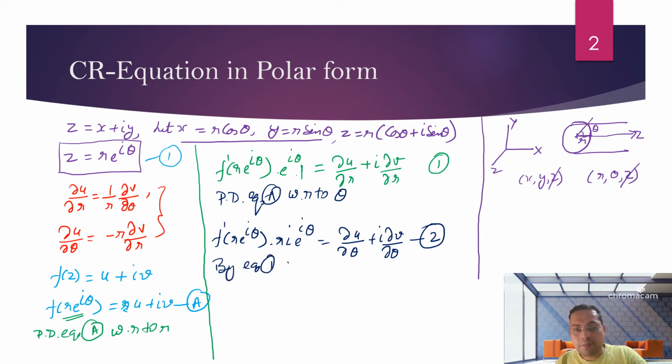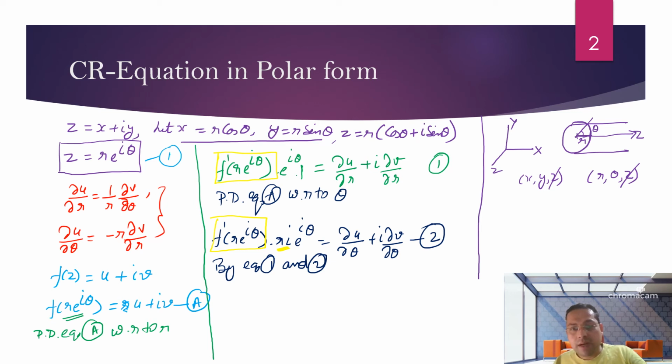Now by using equation 1 and 2, just replacing the value of the function derivative in both equations, we multiply by iota r.